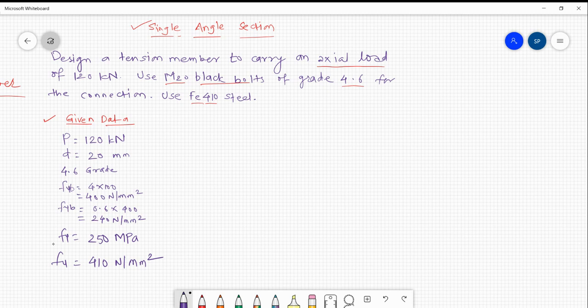Now once you enlist this given data, then we go for the first step in the design, that is calculation of ultimate load. If the given load is axial load, you have to convert it into ultimate load, that is factored load.